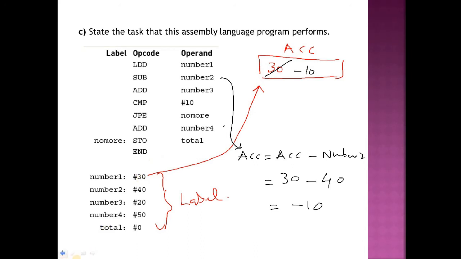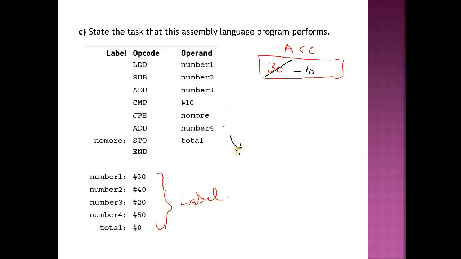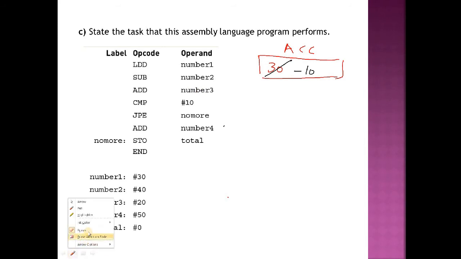After this, the next instruction is add number 3. What is the value of the accumulator? Minus 10.